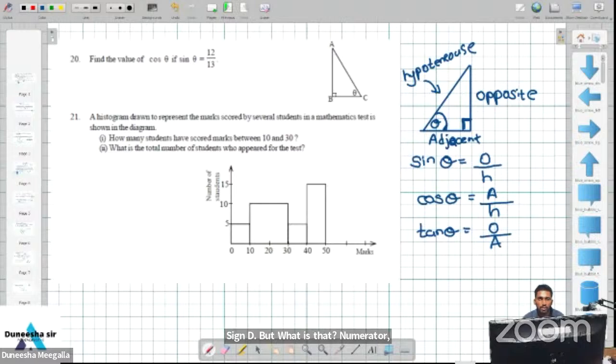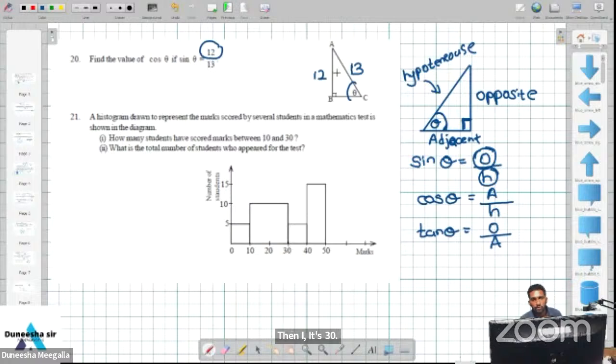So what is in sin theta? The opposite side. Where is it located in relation to theta? It's the opposite side. So now the opposite side is 12. Then the hypotenuse in sin theta is 13.